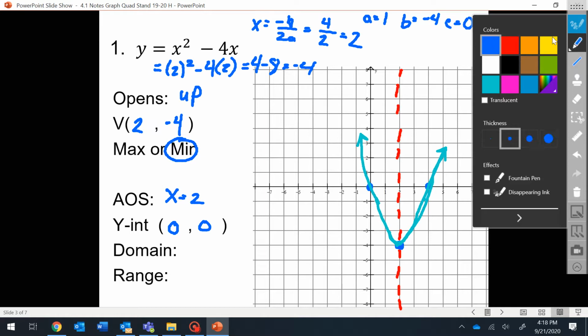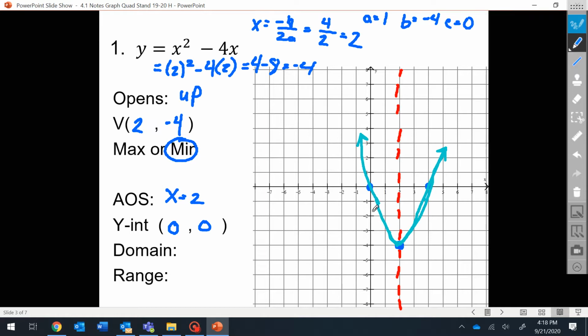The domain is all the possible x values, so look for how far left and how far right the parabola goes. We can see it goes on forever to the left, forever to the right. So we would say that the domain is -infinity to infinity. The range, however: you can see the arrows go all the way up, there's no arrows pointing down.